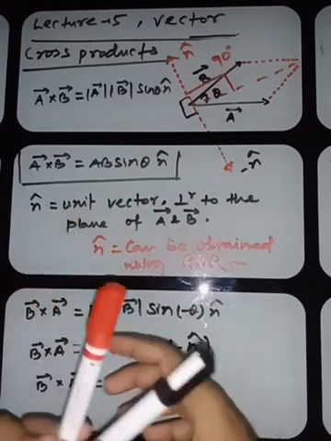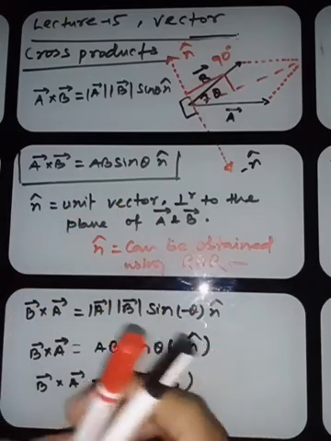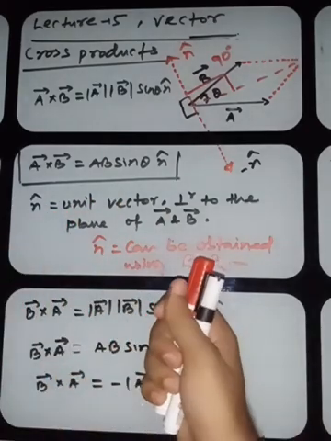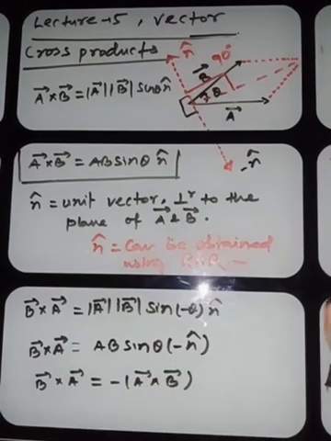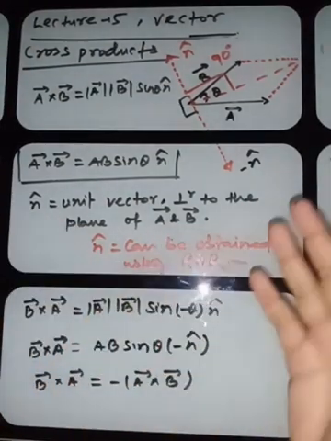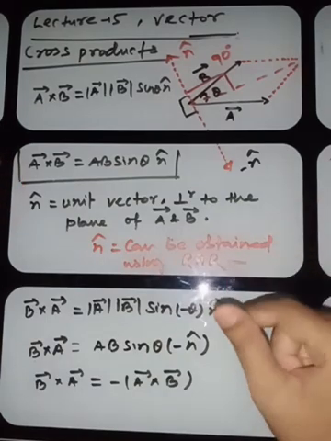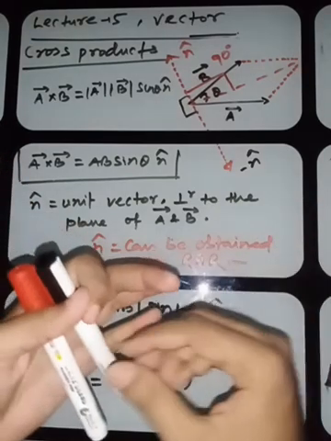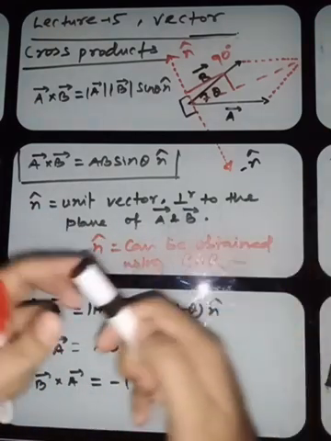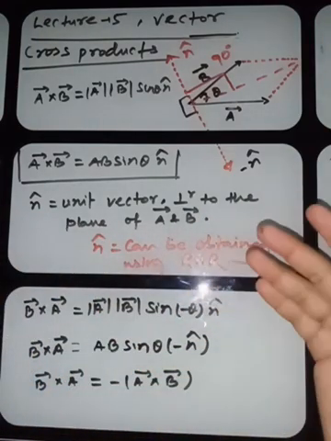So B cross A will be in the direction minus n cap. In this way, my dear students, we got the direction of n cap. I hope you got it.